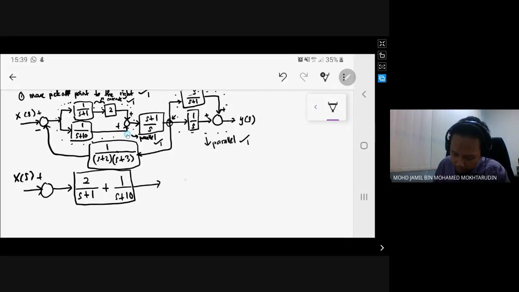And then s plus 1 over s. And then s over s plus 1 plus 1 over s.